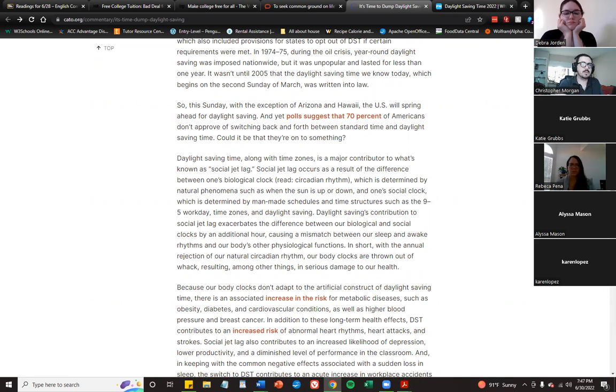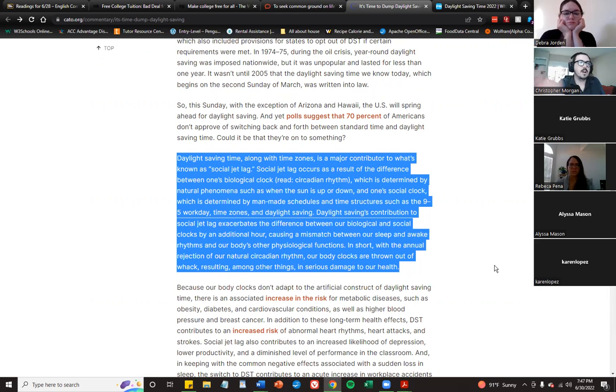Daylight savings time, along with time zones, it's this paragraph right here, is a major contributor to what's known as social jet lag. Social jet lag occurs as a result of the difference between one's biological clock, read circadian rhythm, which is determined by natural phenomena, such as when the sun is up or down, and one's social clock, which is determined by man-made schedules and time structures, such as the 9-to-5 workday, time zones, and daylight saving.